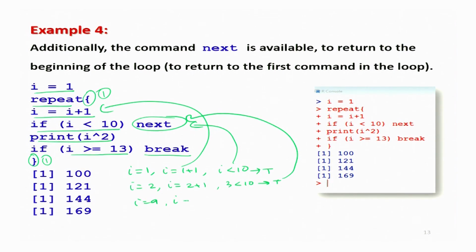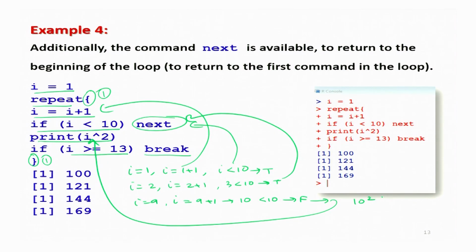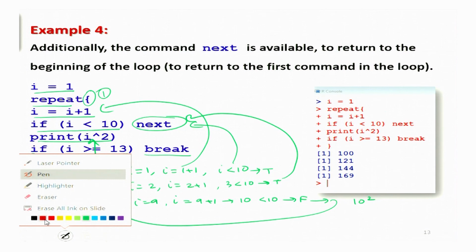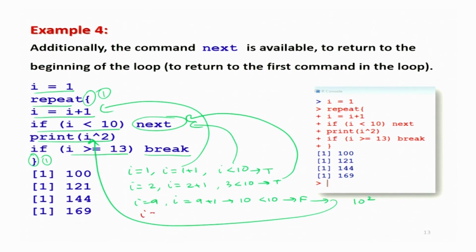Then I becomes 9 plus 1 equal to 10, and then this condition is checked, whether 10 is less than 10. This becomes false, and then the command given here, print I square, will be executed, and 10 square will be printed, and then after this it will consider the next value of I.